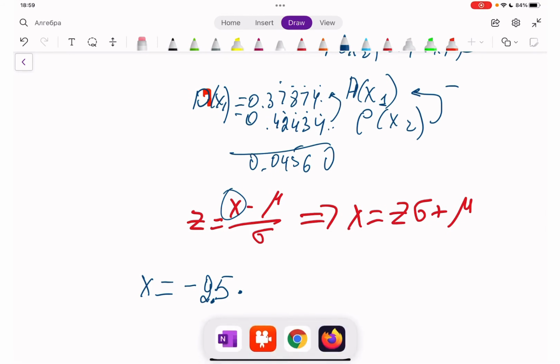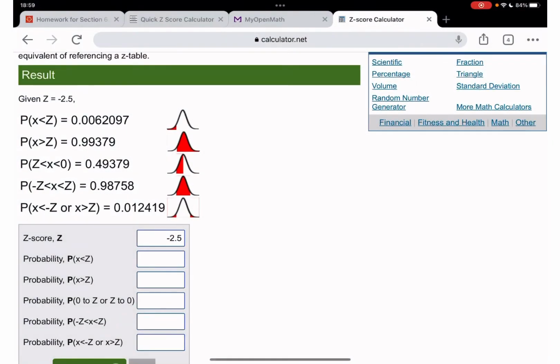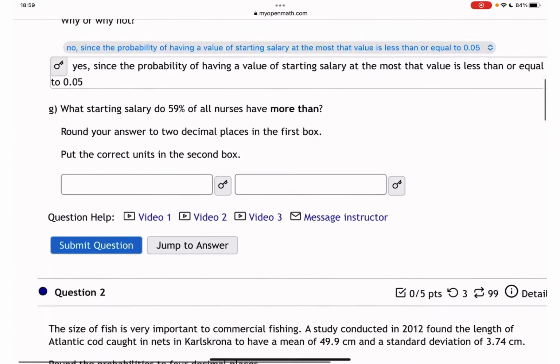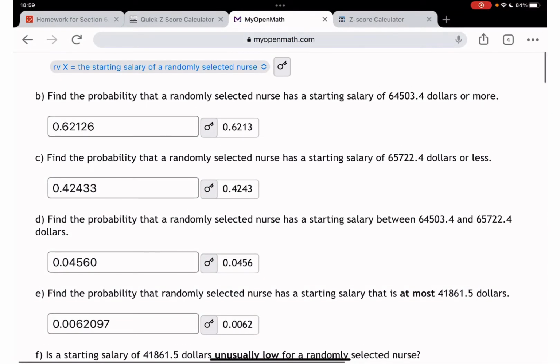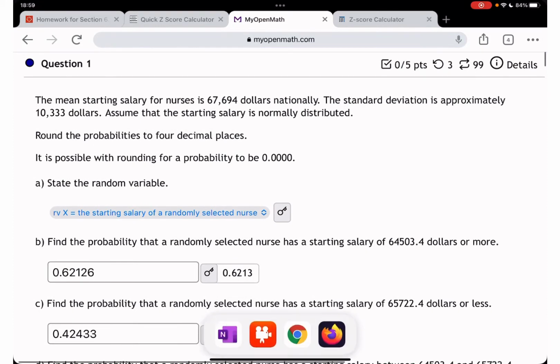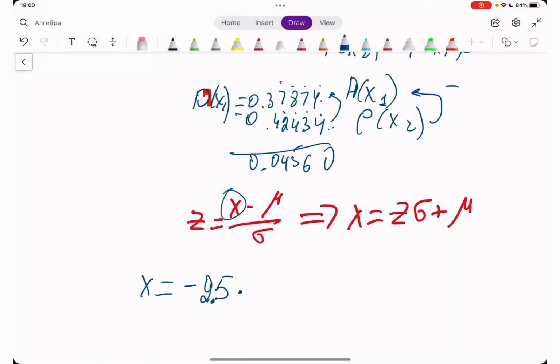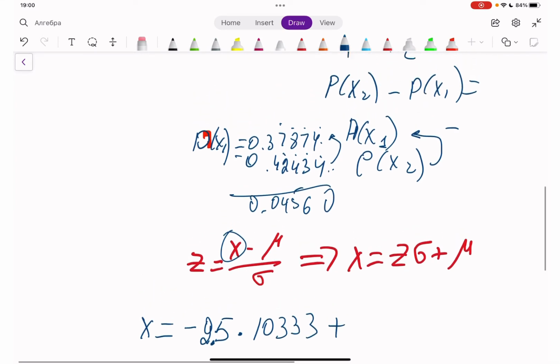I need to open it. 10,333, right? Yeah, 10,333 times 10,333, and then plus, how much was our mu?